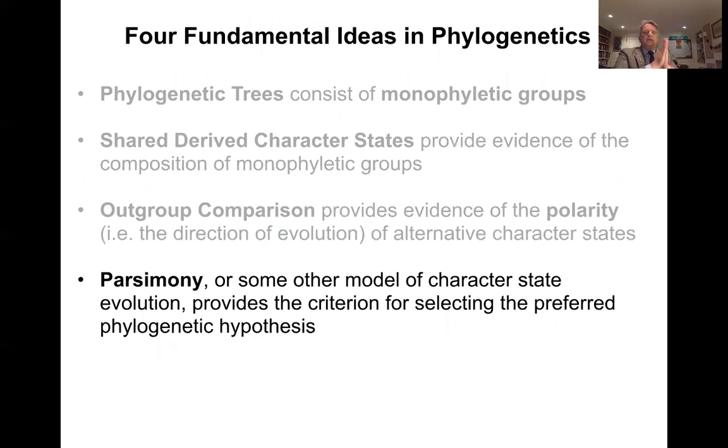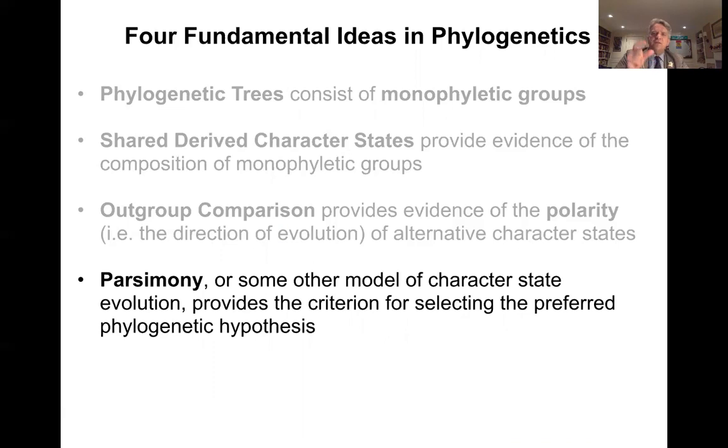Okay, the last fundamental idea that we're going to talk about in phylogenetics, which is going to take up the majority of our time, is how do we pick the optimal tree? So we have character data. This could be from phenotype, or more likely, as in the early 21st century, DNA sequence data from gene and or genome sequence data sets.